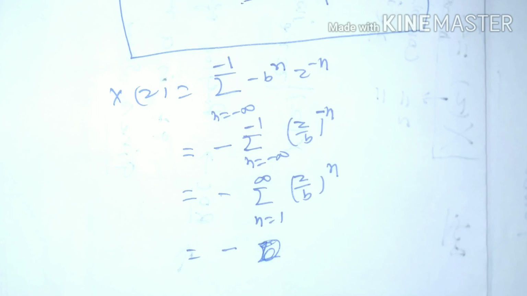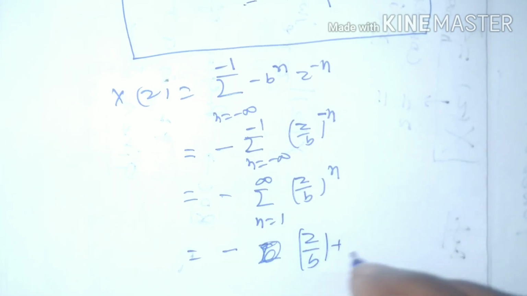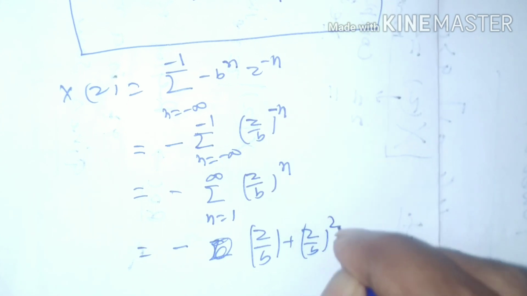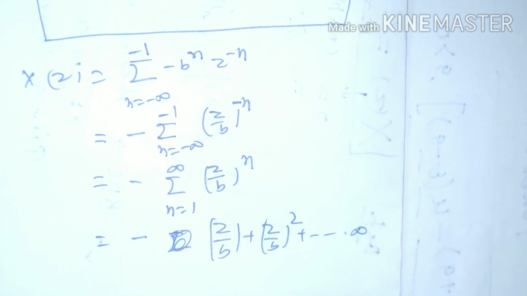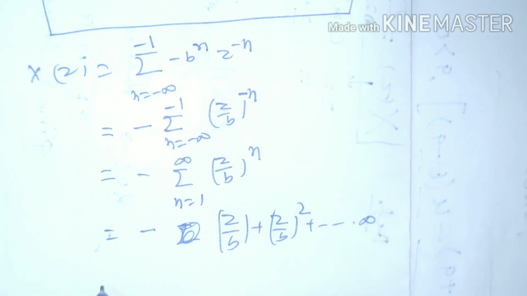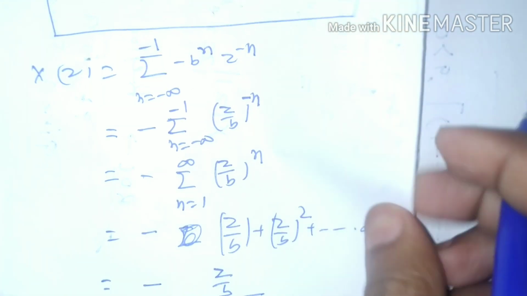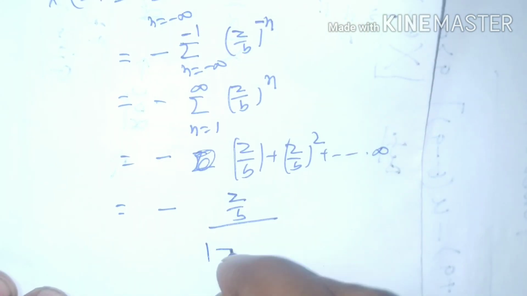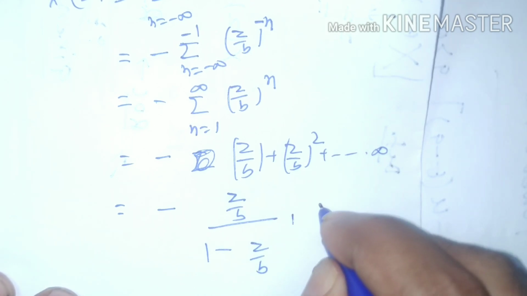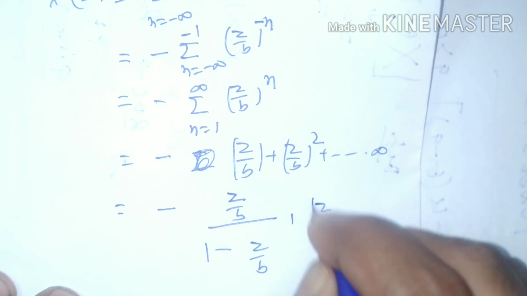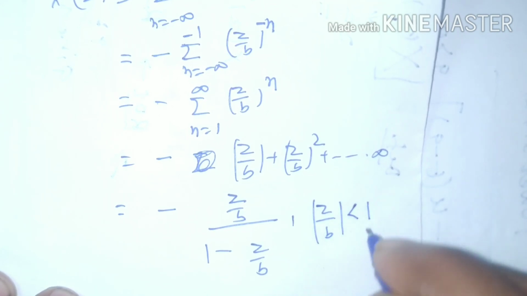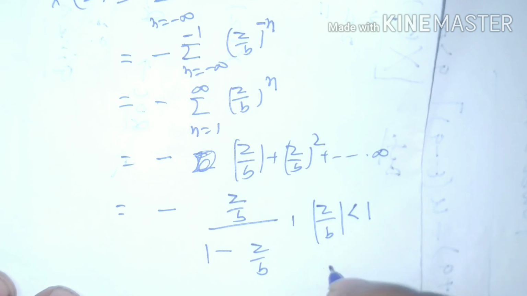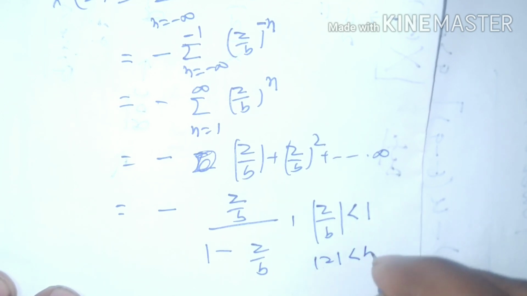Now we can expand this as z/b plus (z/b) squared, and so on to infinity, and we have to find the sum of this series. We know the sum will be the first term, z/b, divided by 1 minus r, where r is z/b. Here the modulus of z/b should be less than 1, that is, the modulus of z should be less than b.